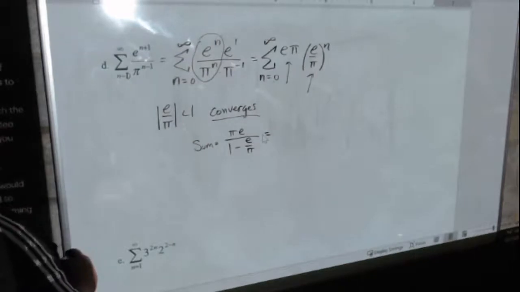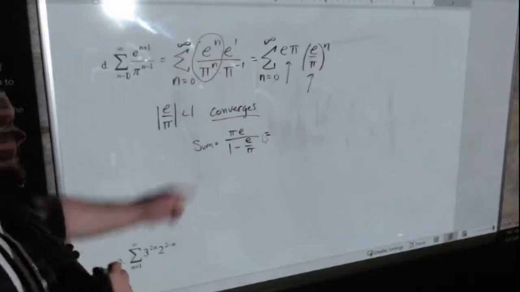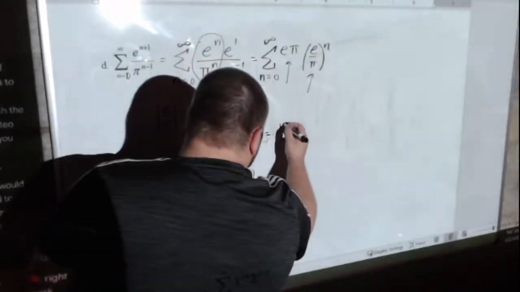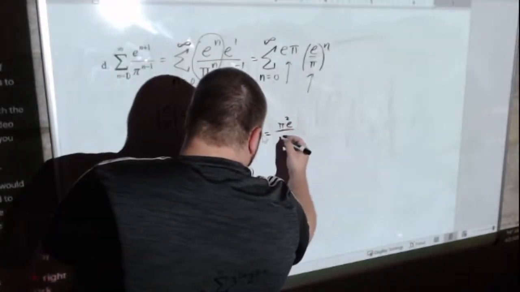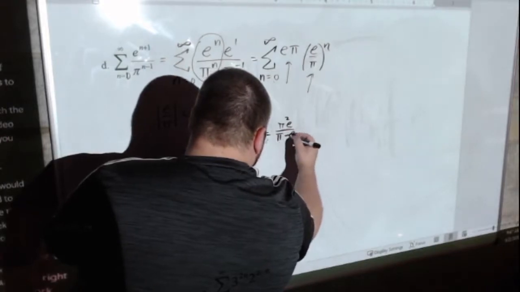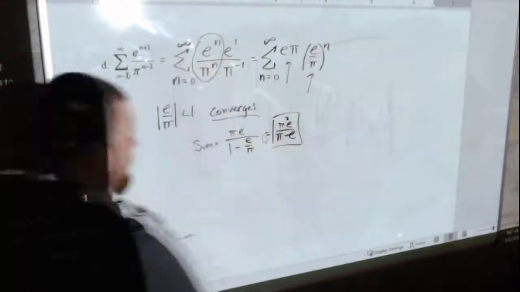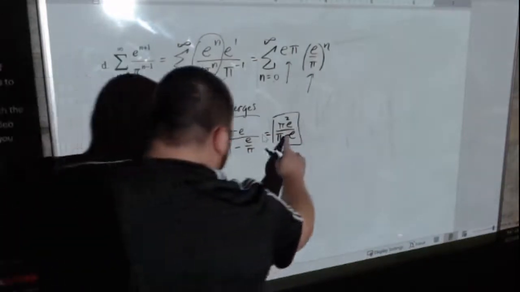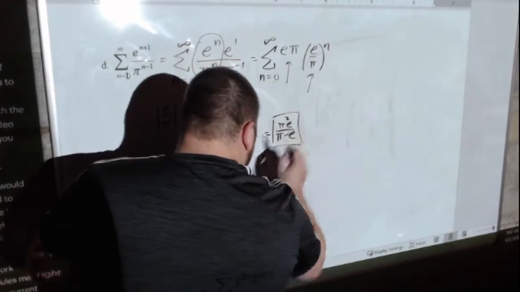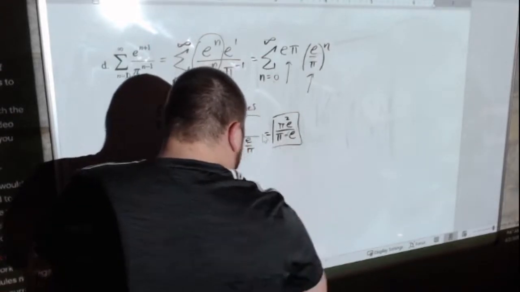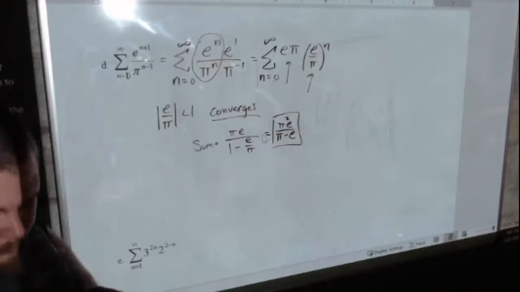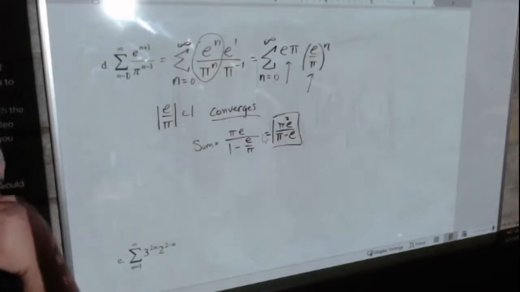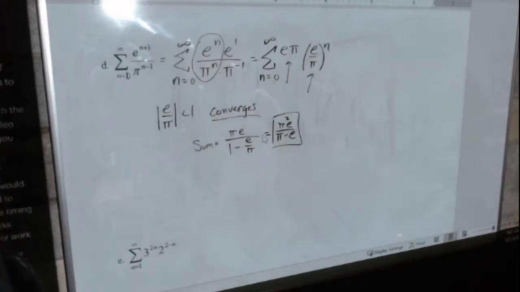And the only thing you can really do to clean that up is to maybe multiply everything by pi. So this would be pi squared e over pi minus e. So again, this is all about manipulating the functions.